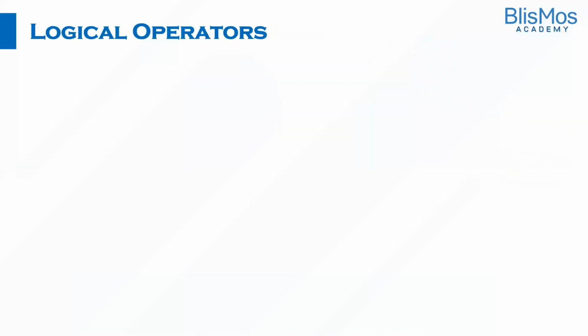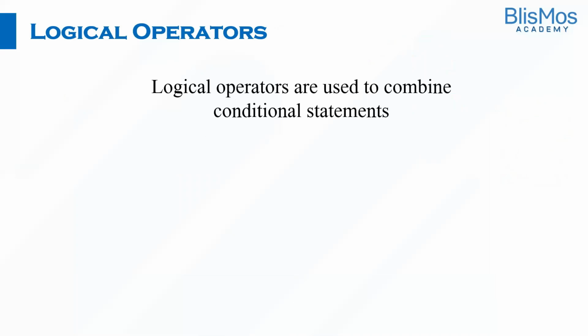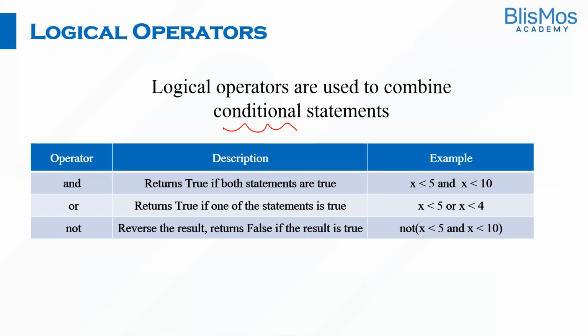Let's move on. And we have logical operators. What are logical operators? Logical operators are used to combine conditional statements. What does it mean? Sometimes we have a requirement where we need to combine a couple of logical statements.